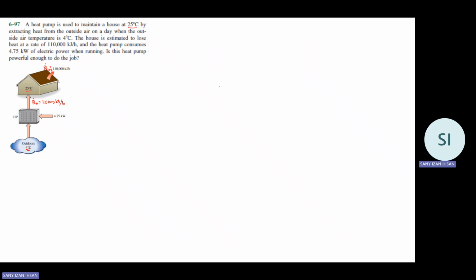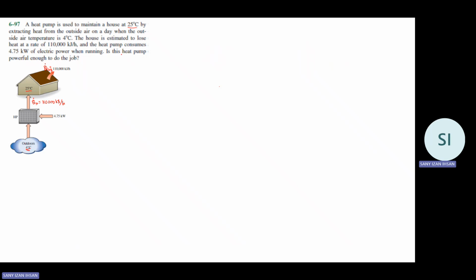I think that should make sense. If the heat supplied to the house is less than the loss, you expect the temperature of the house to drop, getting colder and colder. And of course, if the heat supplied to the house is larger than the heat loss, the temperature in the house will keep getting higher and higher, hotter and hotter. So to maintain it, the two should be exactly the same.